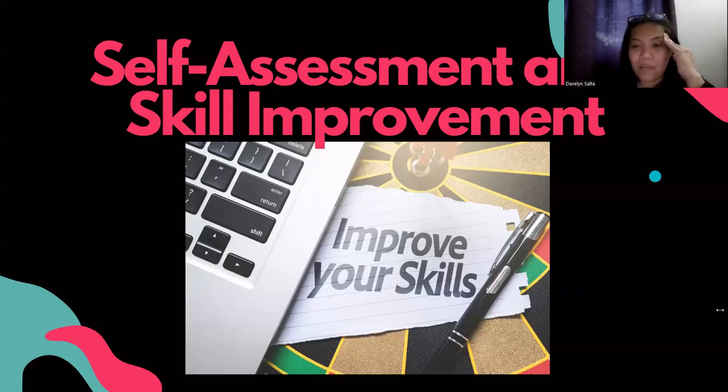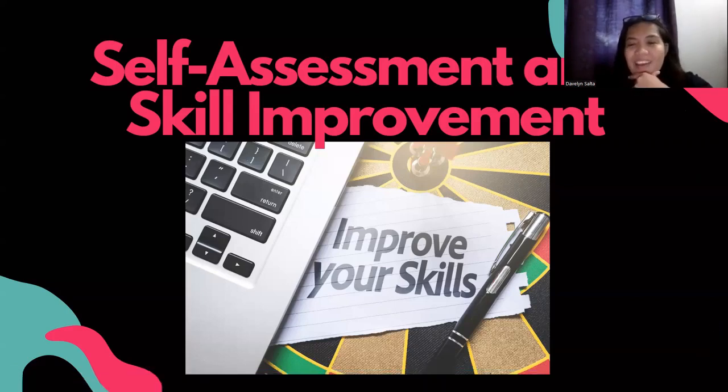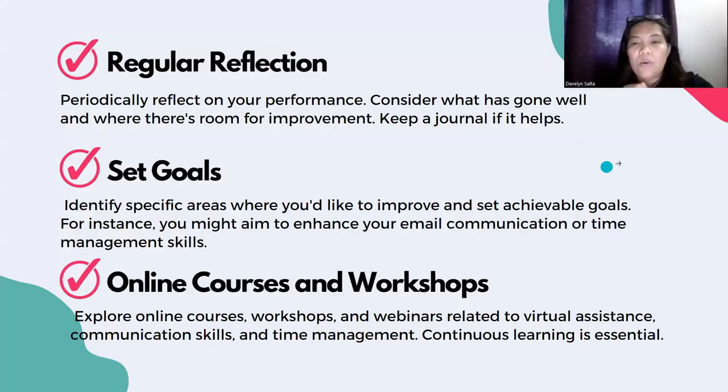Okay, self-assessment and skill improvement. Okay, so there's always room for improvement. You just have to know how to improve. Okay, and so it starts with assessing yourself. So regular reflection. Regular reflection means you periodically reflect on your performance.